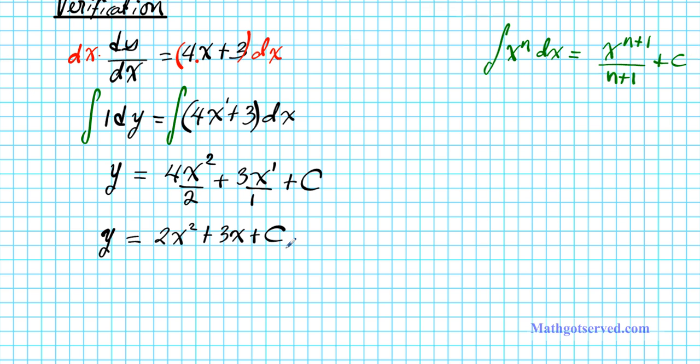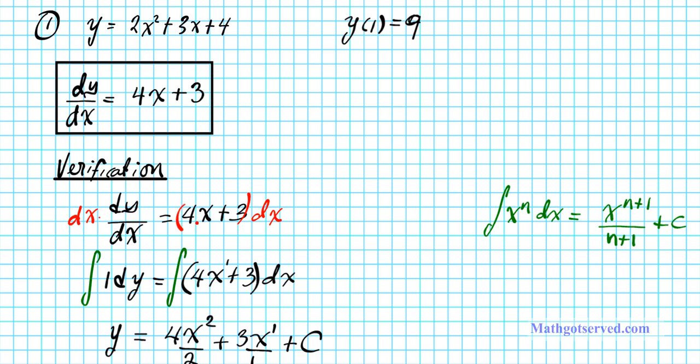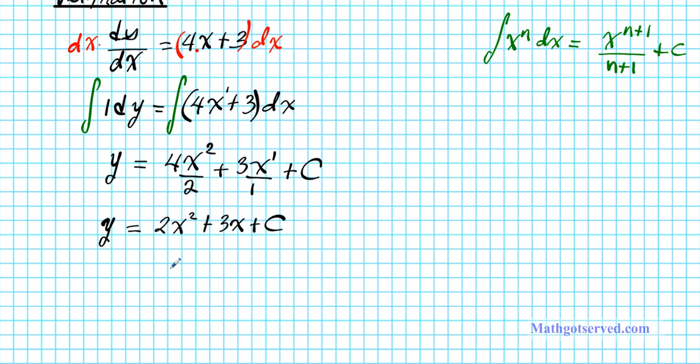All right, now we need to find the value of c. How do we do that? We're going to use the initial condition, y of 1 equals 9. So let's plug it in there to find c. Since y of 1 equals 9, it just basically tells us that x is 1 and y is 9.